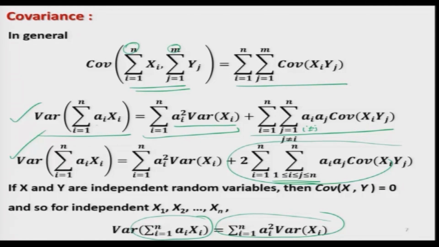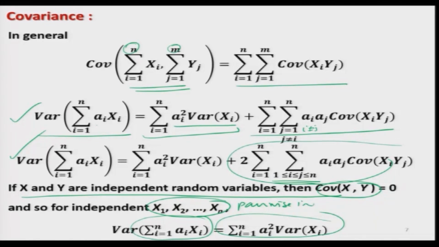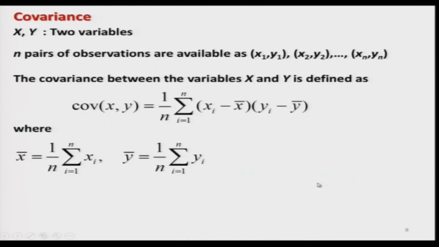This can be obtained because we are assuming X and Y are independent, so the covariance between X and Y will be 0. But when I say that all the variables X1, X2, Xn are also independent, that means they are pairwise independent. If they are pairwise independent, then they will all be mutually independent. That is the property we already talked about earlier.